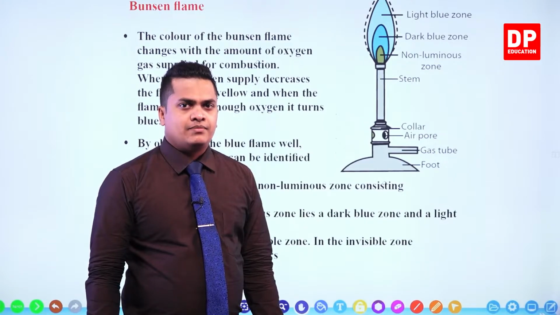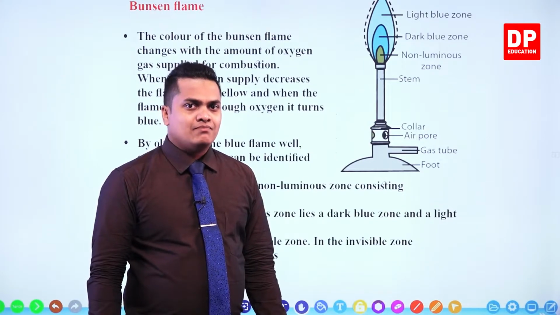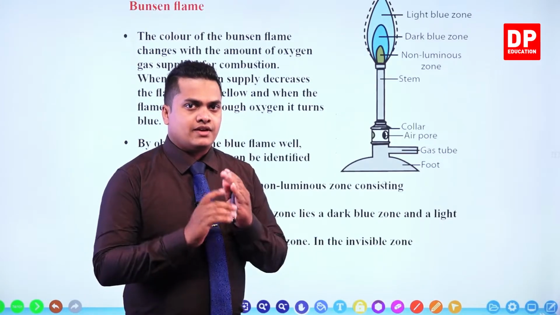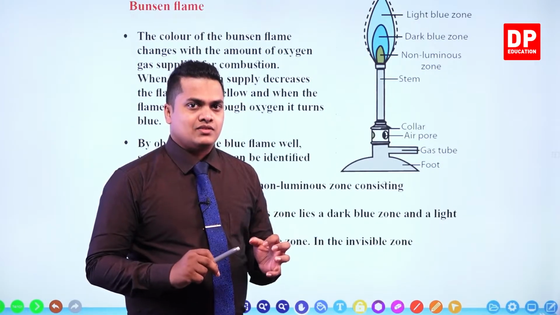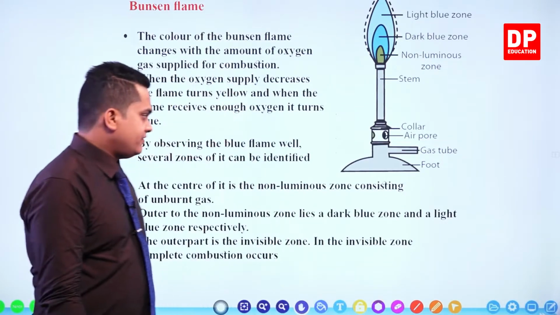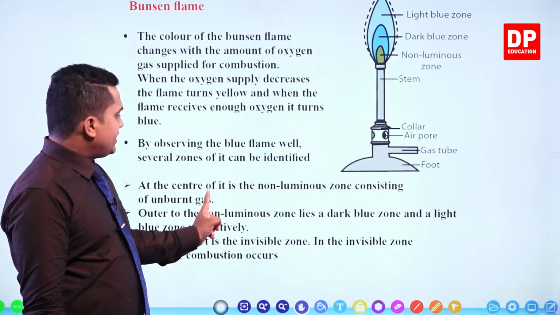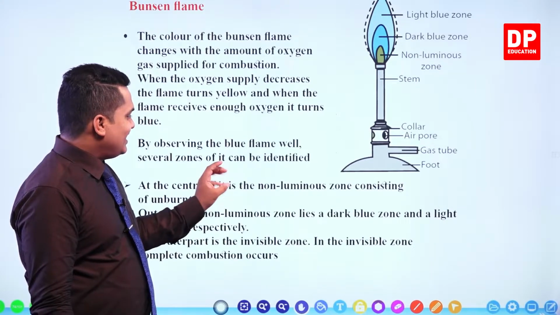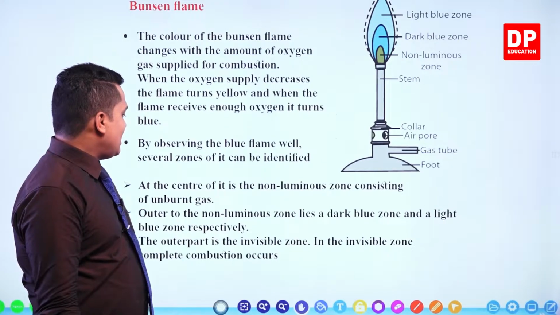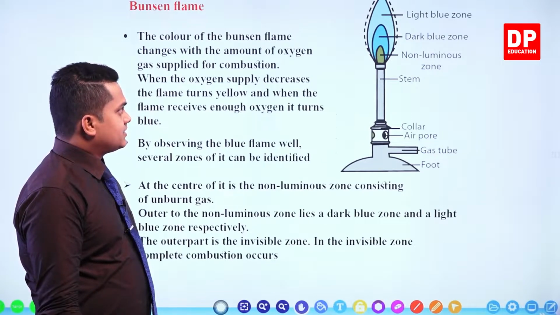And we studied the key components contained in the Bunsen flame. So let's see how these areas are created. First of all, at the center is the non-luminous zone consisting of unburnt gas.